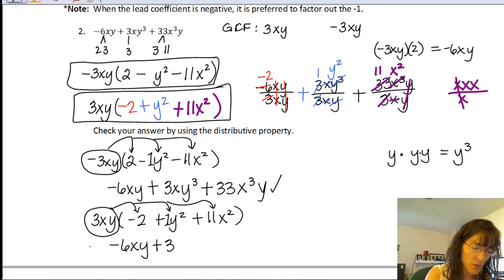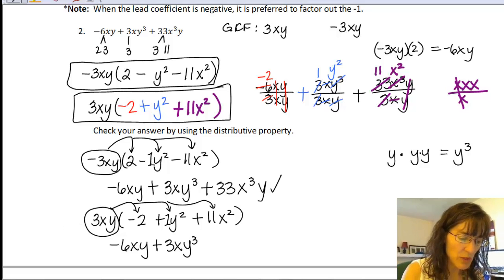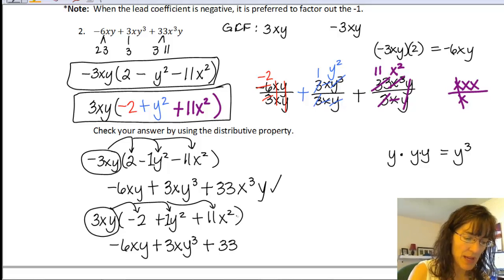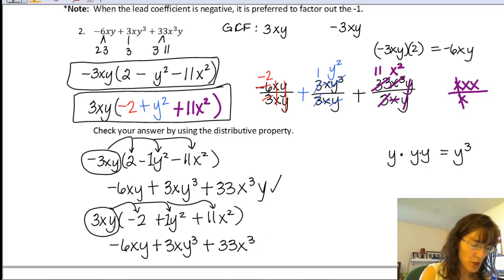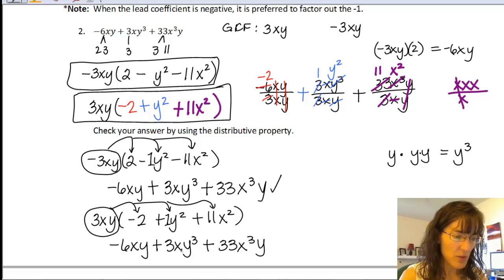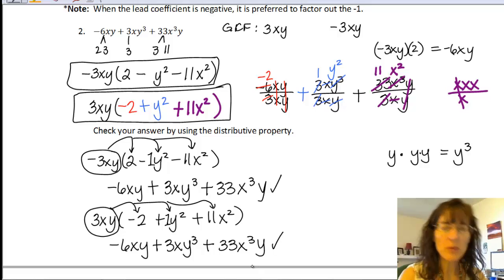X times no other x's, so just an x, and then y times y squared, so I'll have y cubed. 3xy times 11x squared, so it's a positive. 3 times 11 is 33. X times x squared is x cubed, and y times essentially 1 is y. And then I can double check, negative 6xy, 3xy cubed, 33x cubed y. So that one checks out as well.